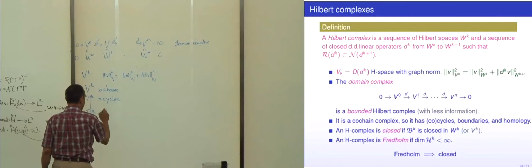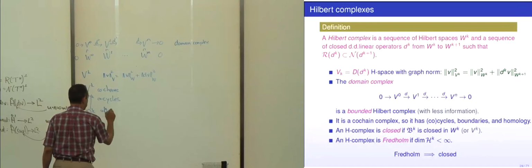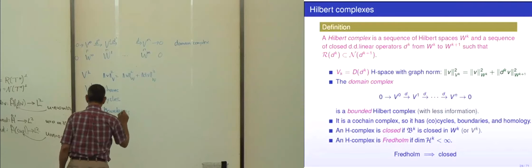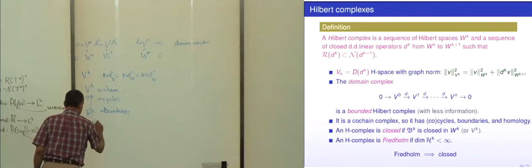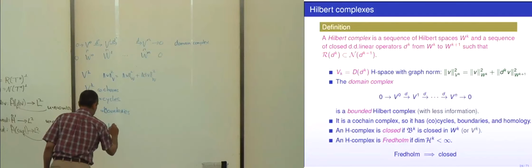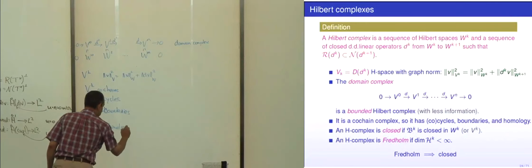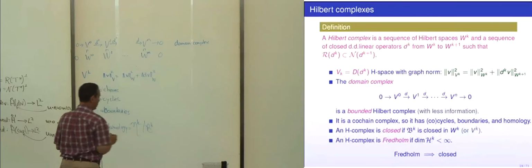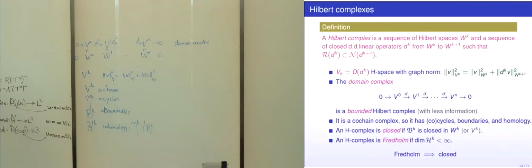Really, I should say co-cycles and co-boundaries, but I won't be bothering with the co too often. And most important, it has homology, cohomology, which is Zk mod Bk, the vector space quotient.